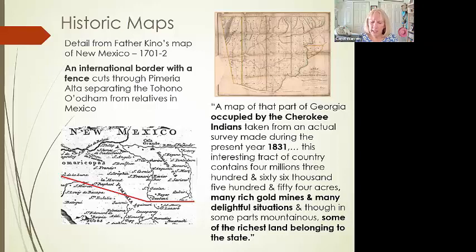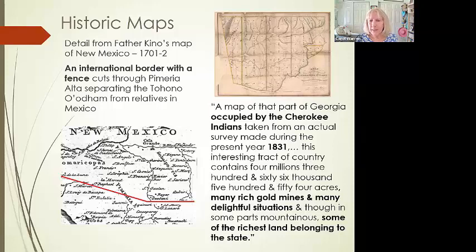The map on the right was created in 1831, and it's titled showing that part of Georgia occupied by the Cherokee Indians. Now the land was over 4 million acres, contains, quote, many rich gold mines and many delightful situations, and though in some parts mountainous, some of the richest land belonging to the state, end quote.